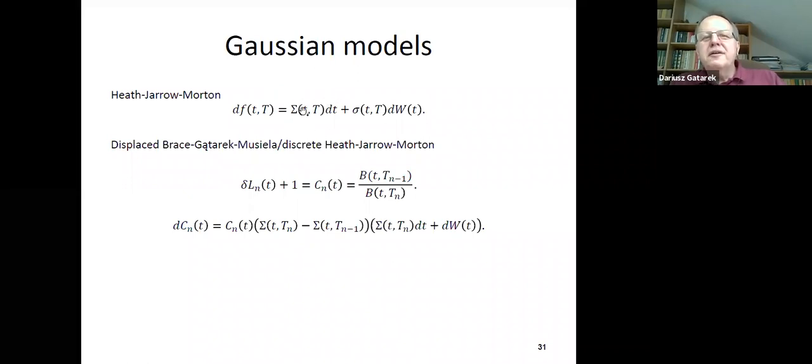It must be a drift which is deterministic and volatility with deterministic diffusion term.